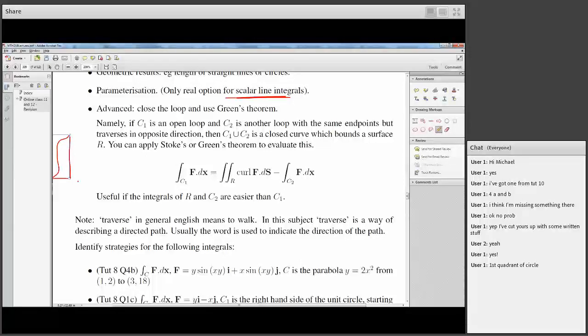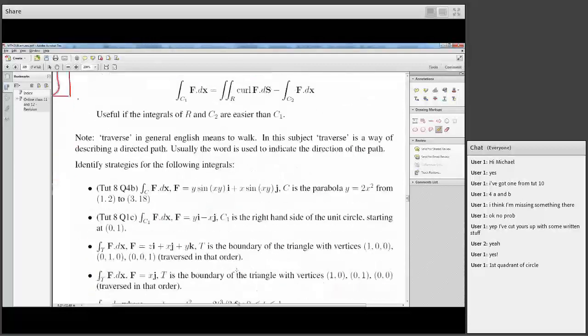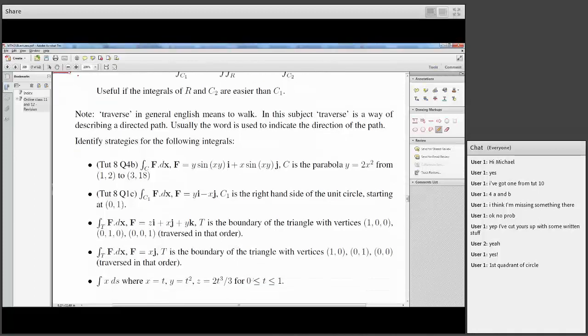So a line integral has to be an integral along a particular path, and the direction is important for a vector line integral. And so when I say traverse, I'm just trying to say that's the direction that you're walking along effectively. So which way do you walk along? Forwards or backwards? So in this case, here's the word traverse in the second last example. I've got a vector line integral.